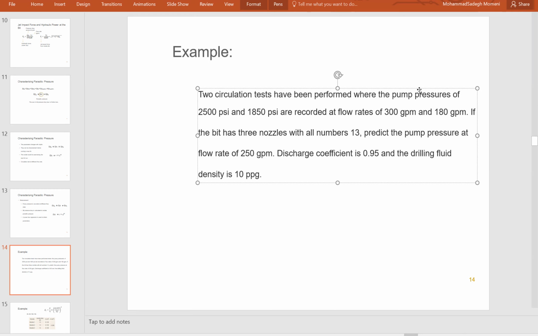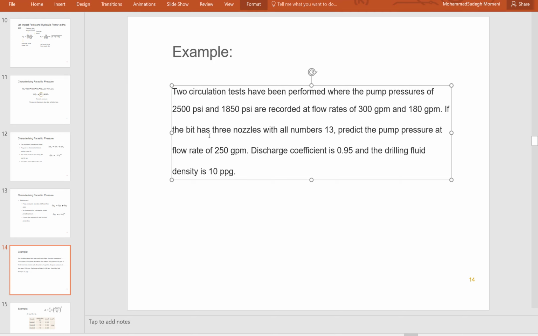If the bit has 3 nozzles with all numbers 13, predict the pump pressure at flow rate of 250 GPM, and discharge coefficient CD is 0.95. The drilling fluid density rho is 10 ppg.